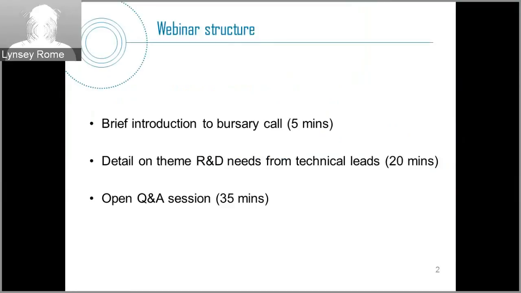I'll then pass over to today's technical lead to go into more detail on this characterization theme of the NDA PhD Bursary call. And then we have some time at the end for questions and answers.